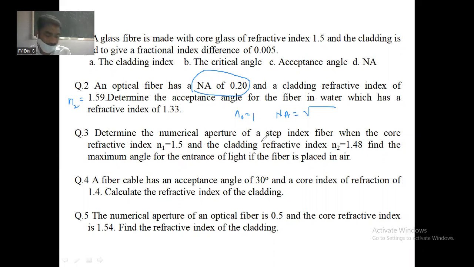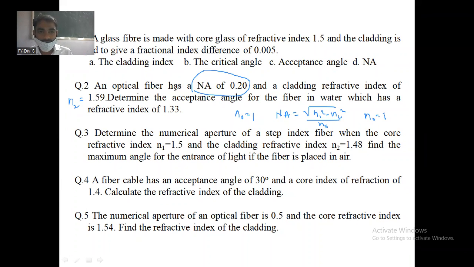NA is equal to square root of N1 square minus N2 square whole divided by N0. But we know the refractive index of the air medium. Refractive index किती असतो air medium चा? N0 is equal to 1. So we have given values. NA is equal to 0.20 and N2 is equal to 1.59.